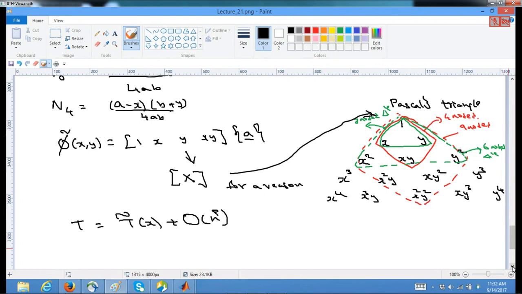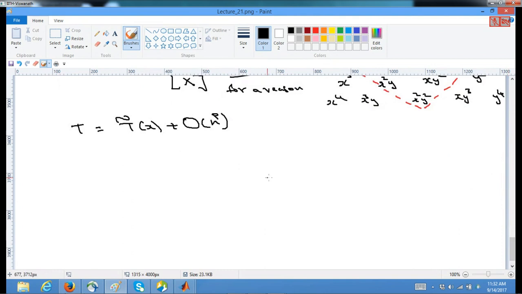If t tilde is selected as, let's say, choice 1, a naught plus a1x plus a2x square, for a 3-noded triangle.